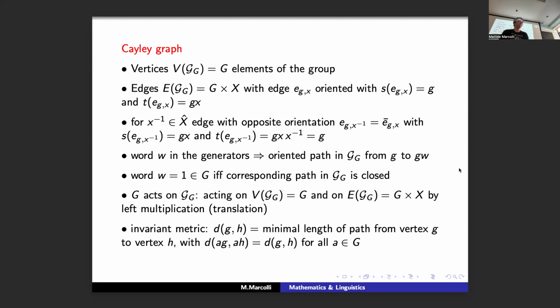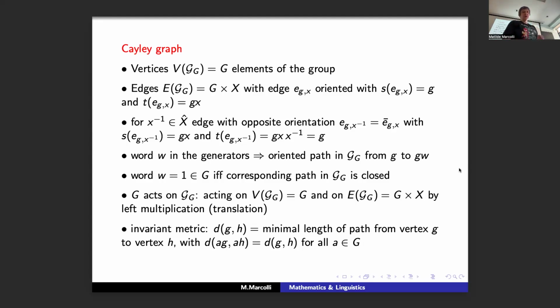That's why you do this thinking in terms of Cayley graphs. In the case of the finite state automaton, you just build a graph which is the group itself, and here you cannot do the same. So you build a graph with the elements of the group and the generators that connect them.